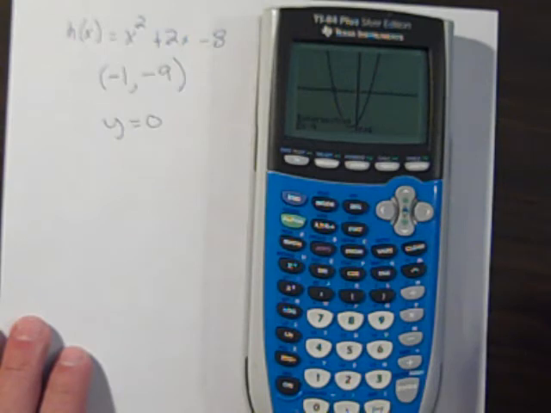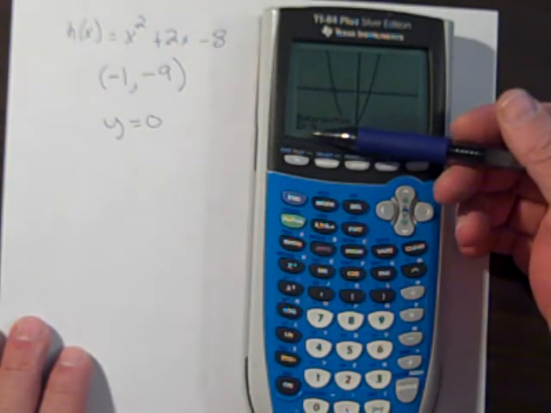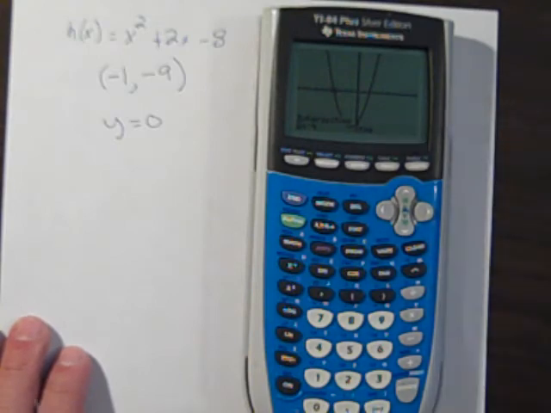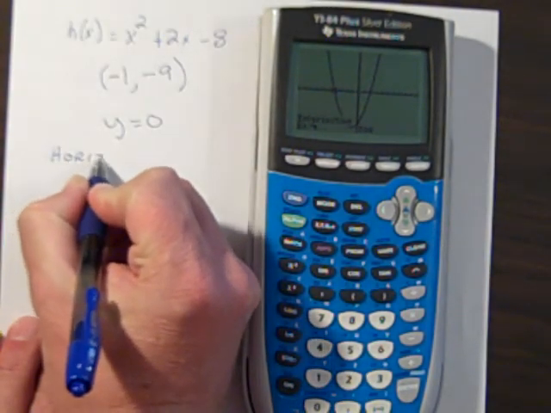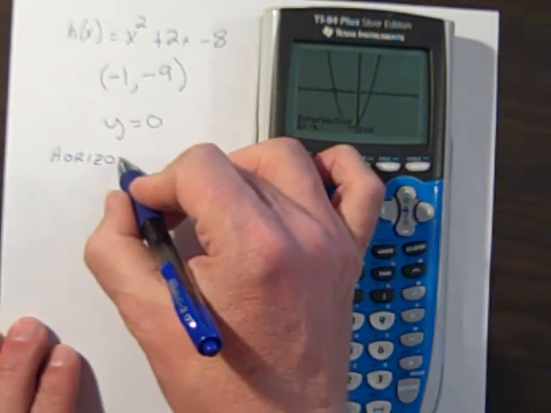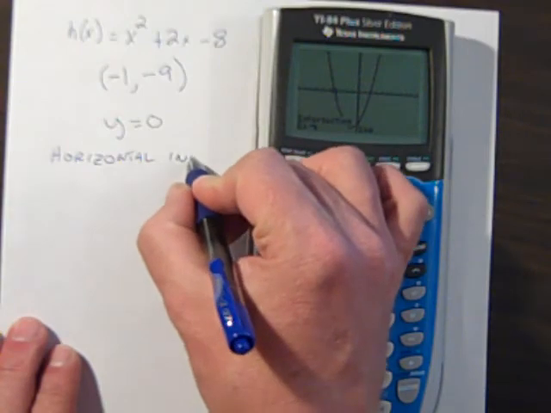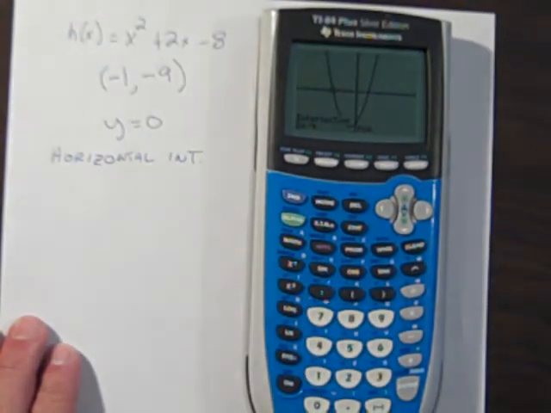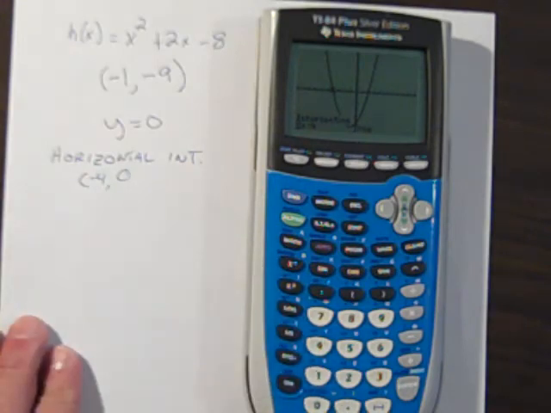And I say, you bet. So this gives me my horizontal intersection of x equals -4 and y equals 0. So I'll write that down. Horizontal intercept is -4, 0.